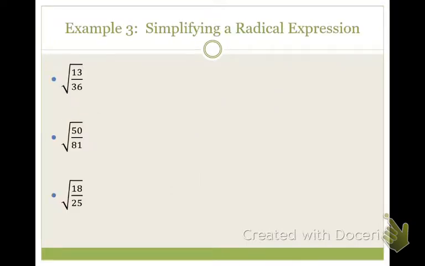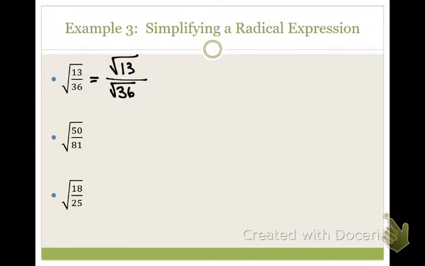The square root of 13 over 36. So here's what my rule says. I can split it up. I can do the square root of 13 over the square root of 36. That's it. And when I do that, okay, can I take the square root of 13?